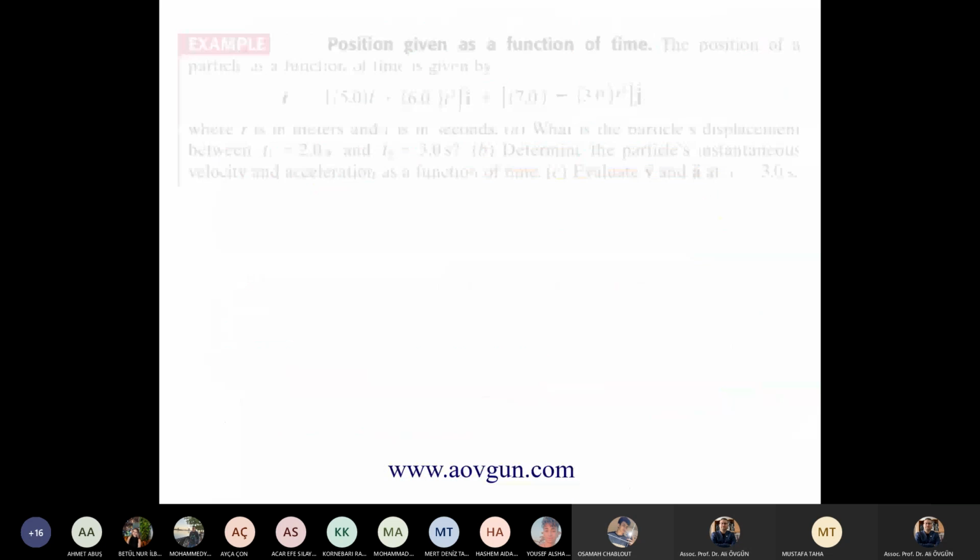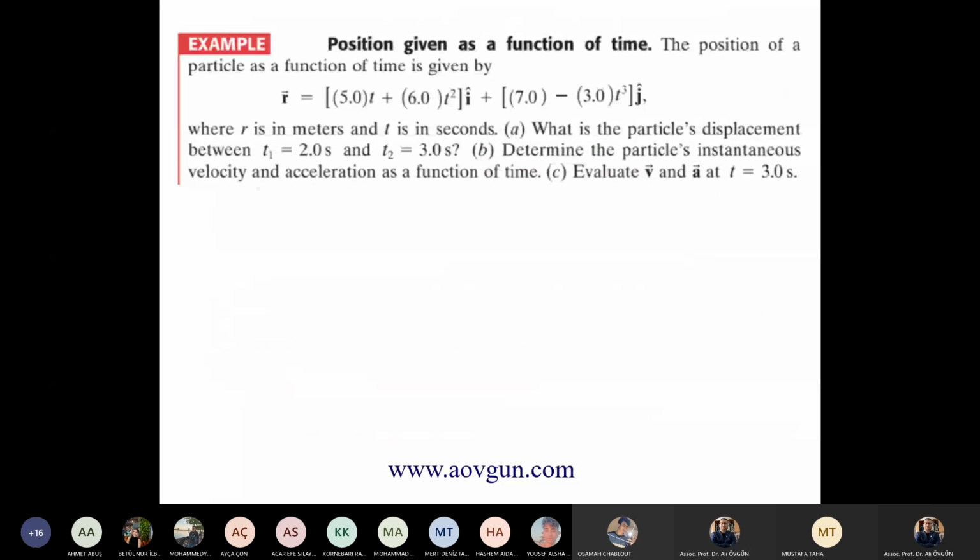Okay, so let's look at this example. Position given as a function of time. The position of a particle as a function of time is given by this expression. This question is in 2 dimensions, but 1 dimension is so simple, so I chose a 2-dimensional example. Here r is in meters and t is in seconds.